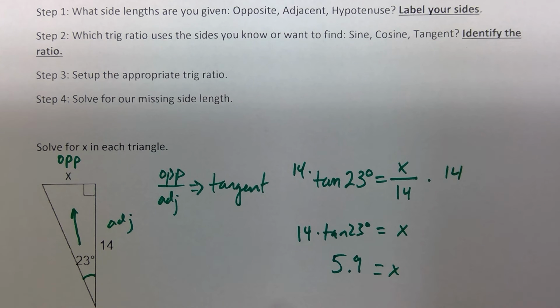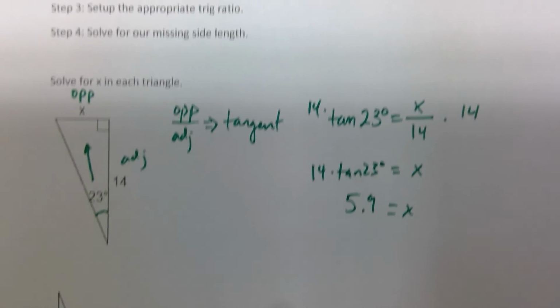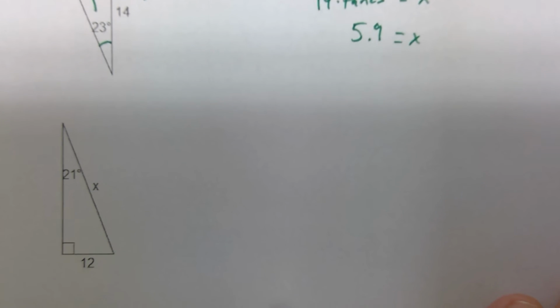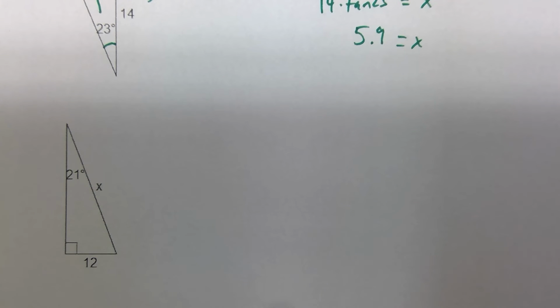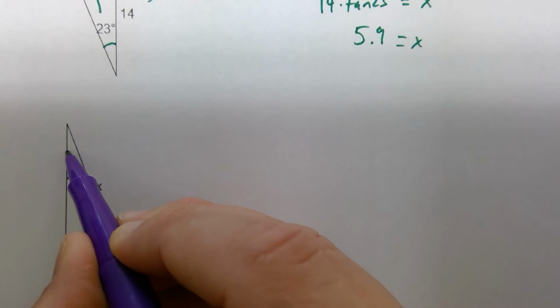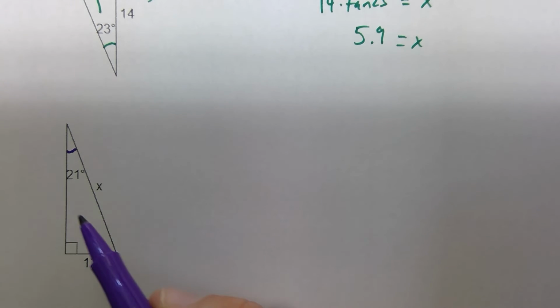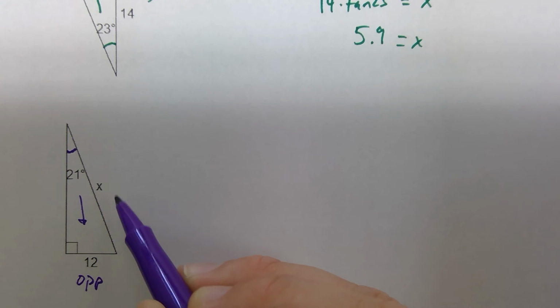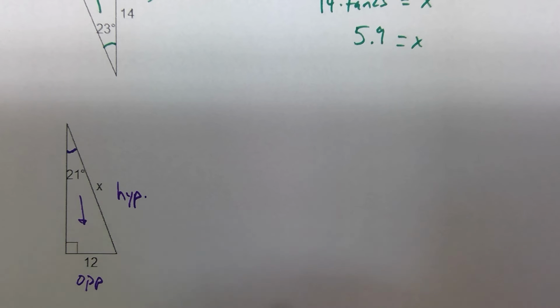Okay, so let's go ahead and solve another one. On this problem right here, we identified there's our reference angle. Let's label our sides. We have 12, which is opposite, and we have x, which is the hypotenuse.